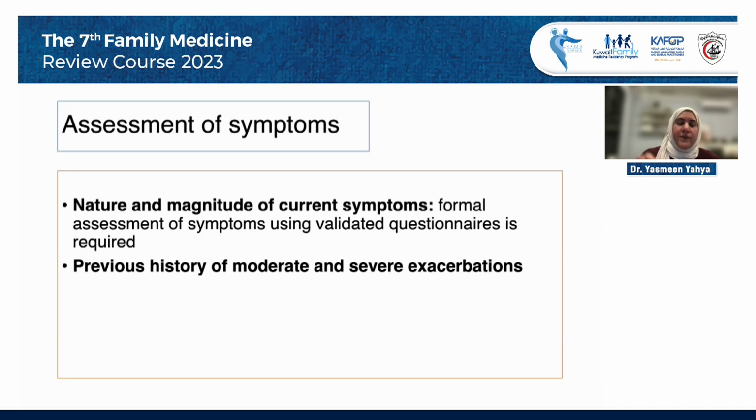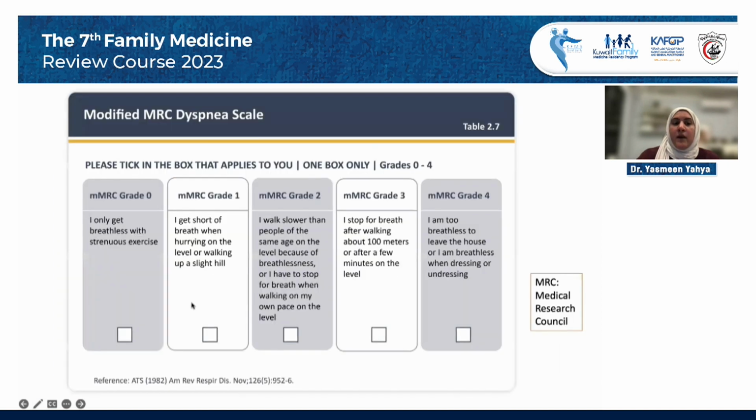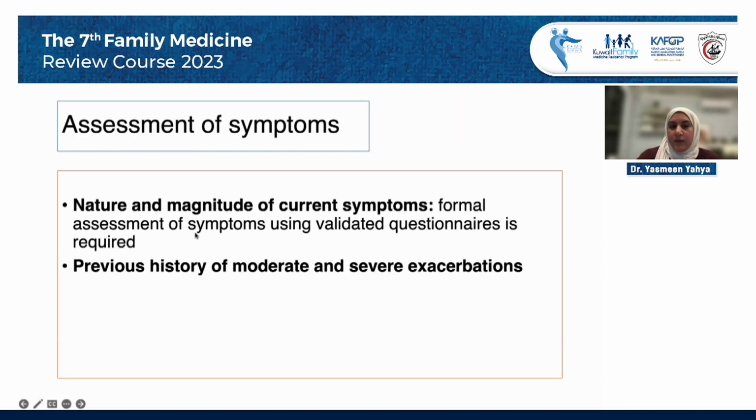The most important two aspects to guide you which medication to start for your patients are these two: the nature or magnitude of the current symptoms and the previous history of moderate to severe exacerbations. How would I know the magnitude of the current symptoms?